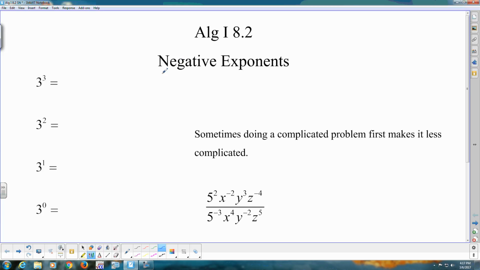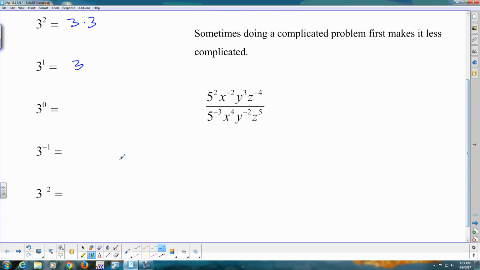So I need to work with you guys with the podcast to teach you all about negative exponents. I know that when you have an exponent and a number, that tells you how many times you multiply it by itself. But I want to use this to illustrate how to have exponents like 0 or negative exponents.